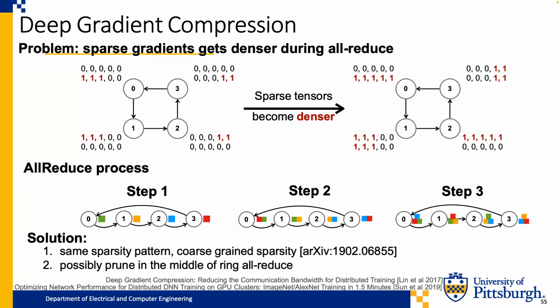We have four workers. The first worker, worker 0, has a weight gradient like 1 1 1 0 0 and all zeros after that. But the problem is that the other workers' top K gradients are not necessarily the same as the top K gradients from here.